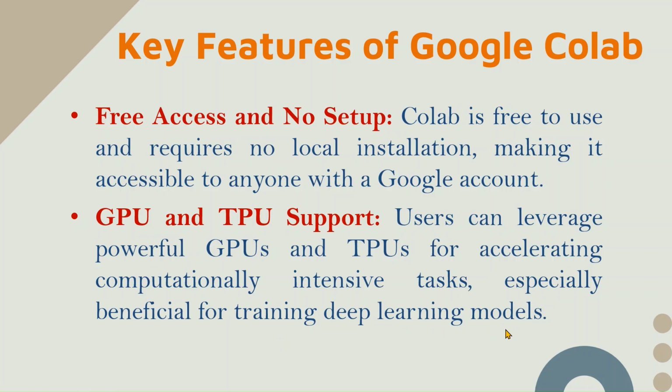So we go for GPUs, and if the computationally intensive applications go beyond that, you can go for TPUs. Now, to incorporate this into a local system is very costly. So Google Colab provides these features online, and we can use those GPUs and TPUs and complete our task.